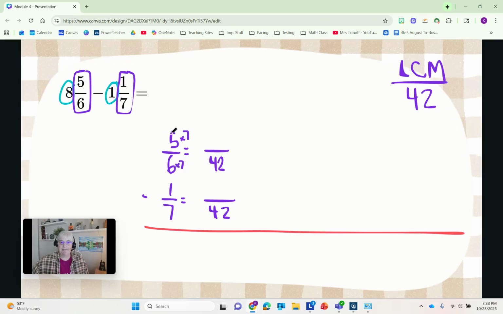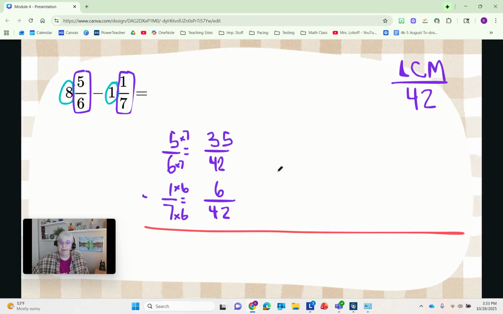I need to multiply 5 times 7, which is 35. For the bottom fraction, to go from 7 to 42, I multiplied 7 times 6, so I need to multiply the top times 6. 1 times 6 is 6.